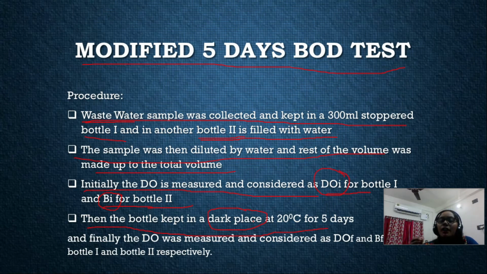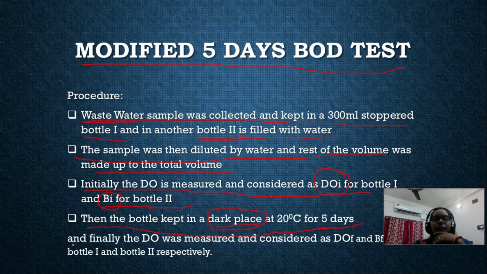Photosensitive means in the presence of sunlight, in the reagent bottle there may be generation of free radicals which can interfere with the BOD reaction, and thus we cannot get the actual value of the BOD of the wastewater sample. That is why we have to keep the bottles in a dark place at 20 degrees centigrade for 5 days. Okay.